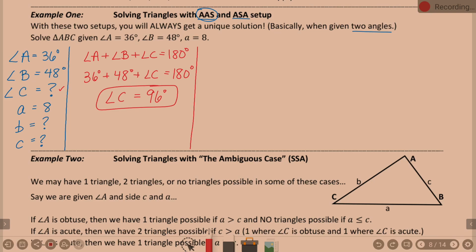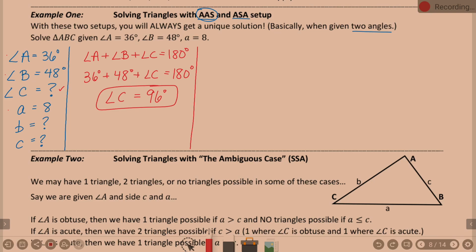We know angle A and side A, so we can set up that piece. And what's another piece of information we know? What was the other given? We were given angle B. And what can that help us find?